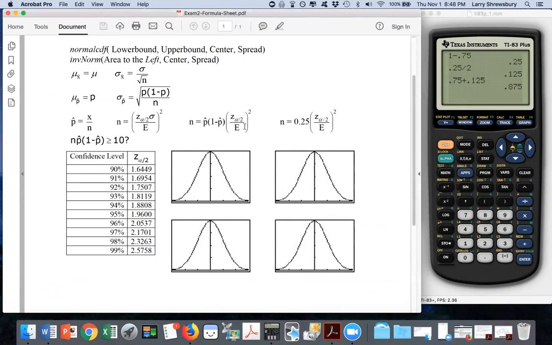You always have to enter it in as a decimal. So this E will be a proportion, percentage, but you got to enter it in decimal format. Same for the p-hat. It has to be in decimal format. Enter it in percentage format, your answers are going to be very, very wrong.